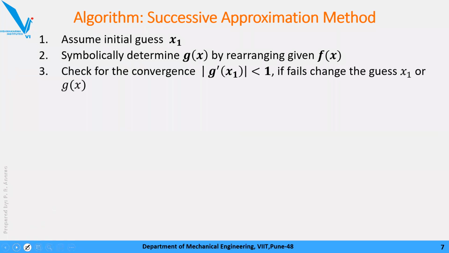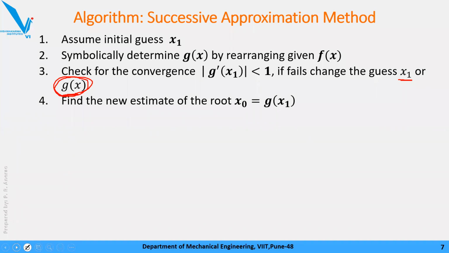Then check for convergence. If your value g dash of x1 is more than 1, either change the x1 value or change the g of x. At a later stage I'll explain कि भाई कब, in what circumstances you have to change the g of x value. Next, find the root.